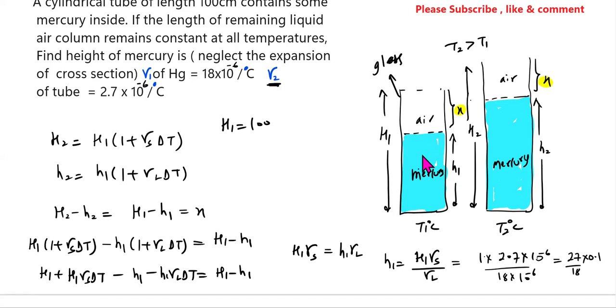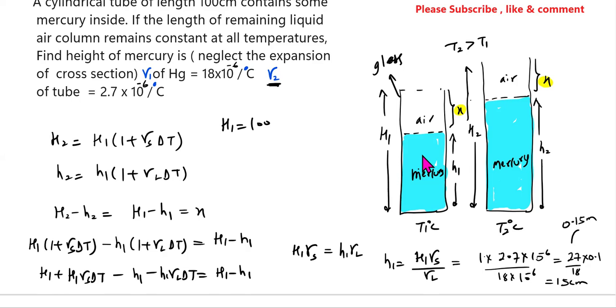Solving this, this will be 9 by 6, 3 by 2, 1.5. 15 centimeter or 0.15 meter.